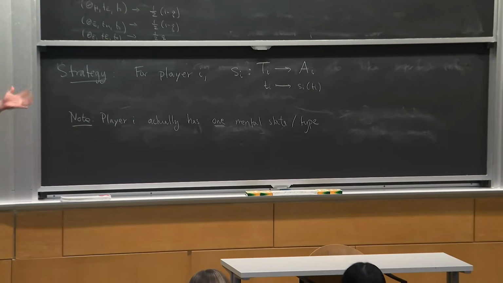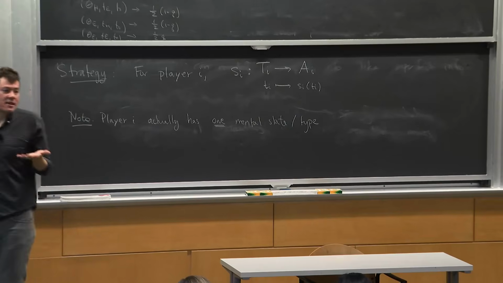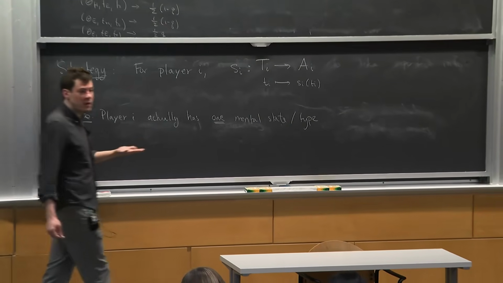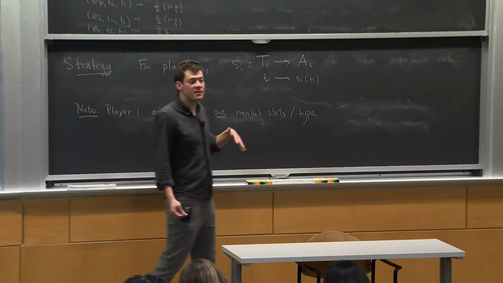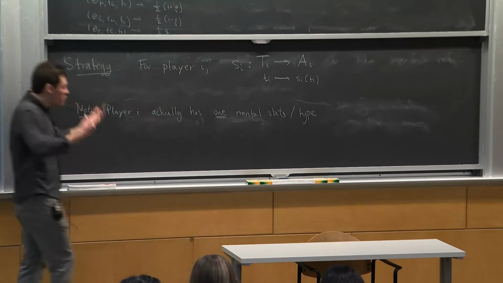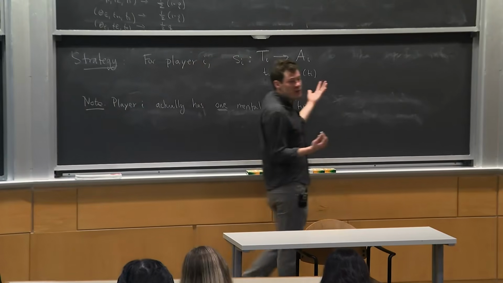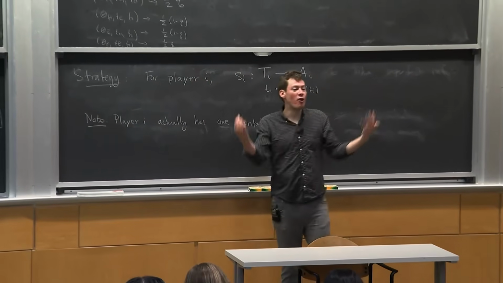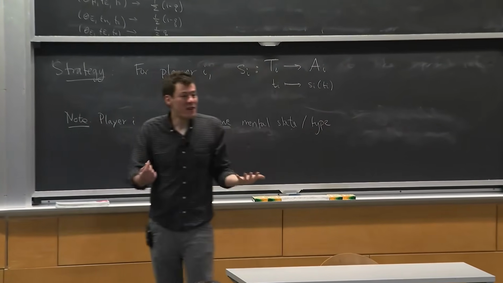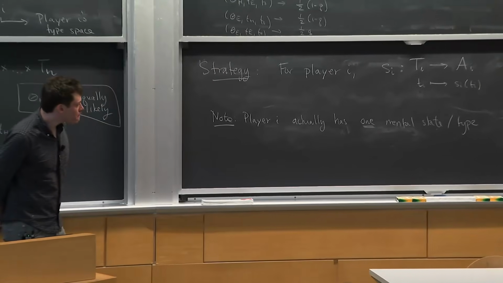I'm calling this a complete contingent plan, but it's never clear when you would make it. You'd have to make this complete contingent plan before you know what your type is. And it's very hard with these intrinsic preferences. You're born, let's say you like the color red in our car example. Formally, what you'd have to do here is make a strategy that said, if I were born and I liked the color blue, what would I do? If I were born differently and liked the color red, what would I do? It's kind of a bit weird to think about.